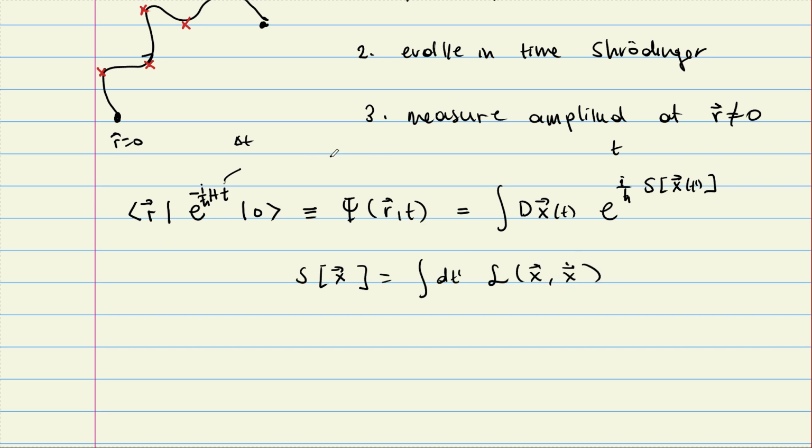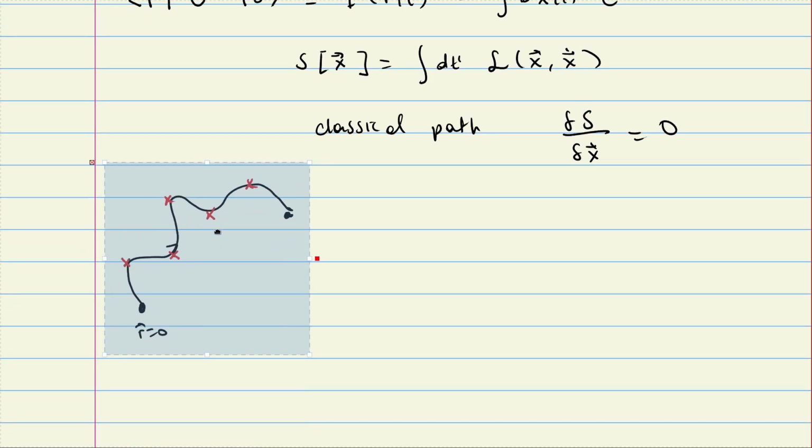So this is an exact operation. We will not use it, so I'm not showing it, but at some point if you need to do it, it can be done. It is not terribly hard. And the classical path is going to be the extremization of this S with respect to these different paths. And if you do this, you are going to find Euler-Lagrange, right?